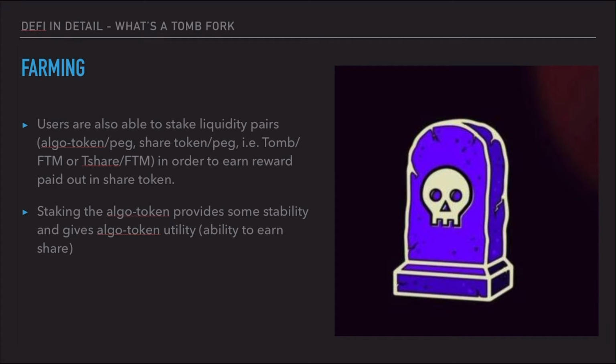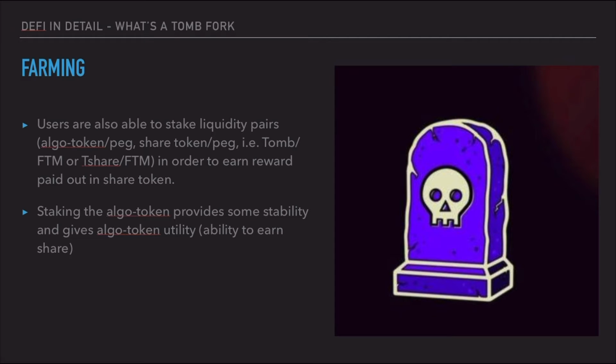So farming, this you'll just hear used in reference to providing a liquidity pair in one of these tomb forks in exchange for earning a reward that is paid in share token. So the liquidity pair generally is the algorithmic token and the peg token in an LP.